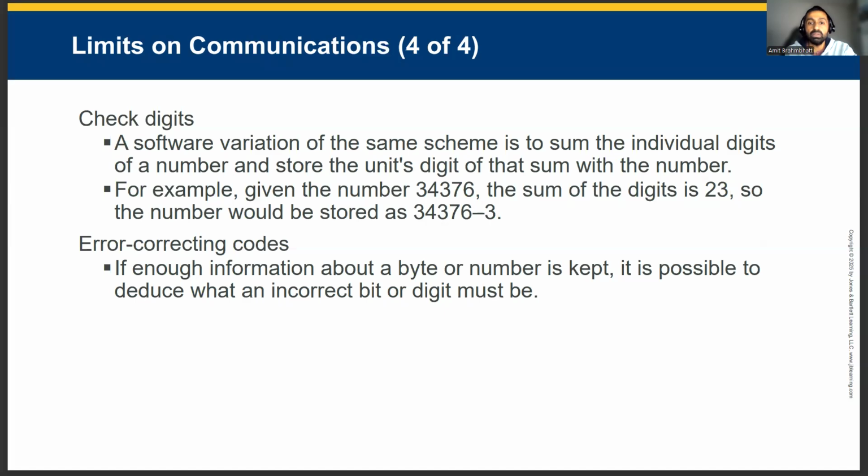For example, in the number 34376, the digits add up to 23. So the number would be stored as 34376-3. This helps detect many common human or transmission errors.